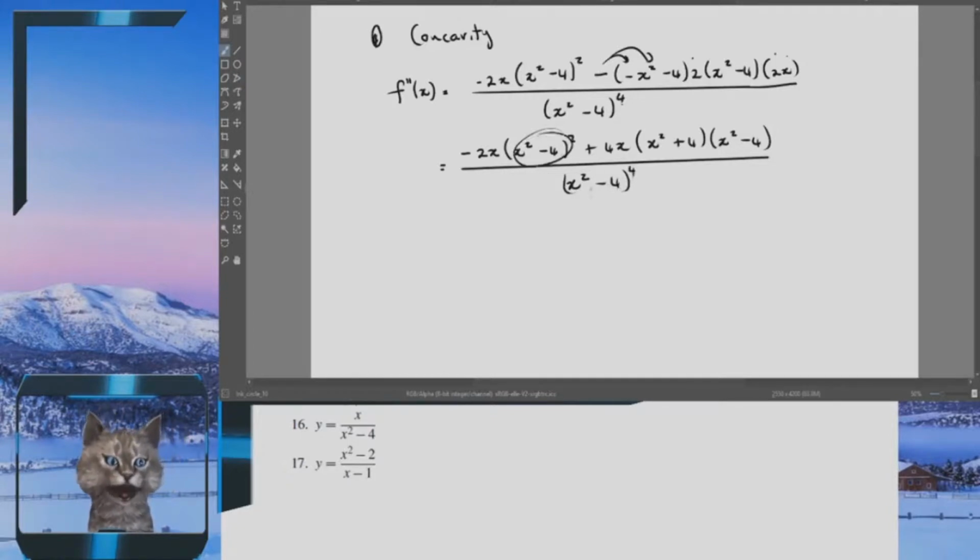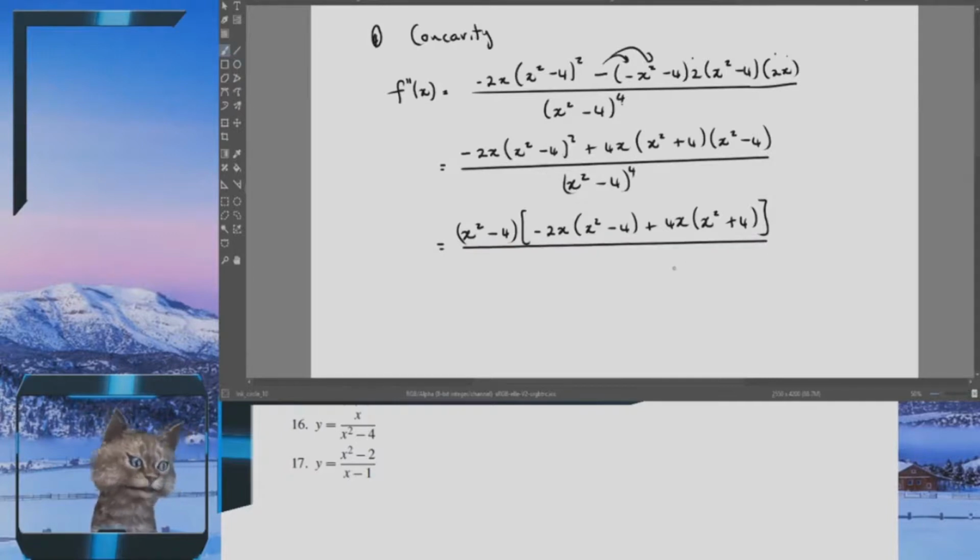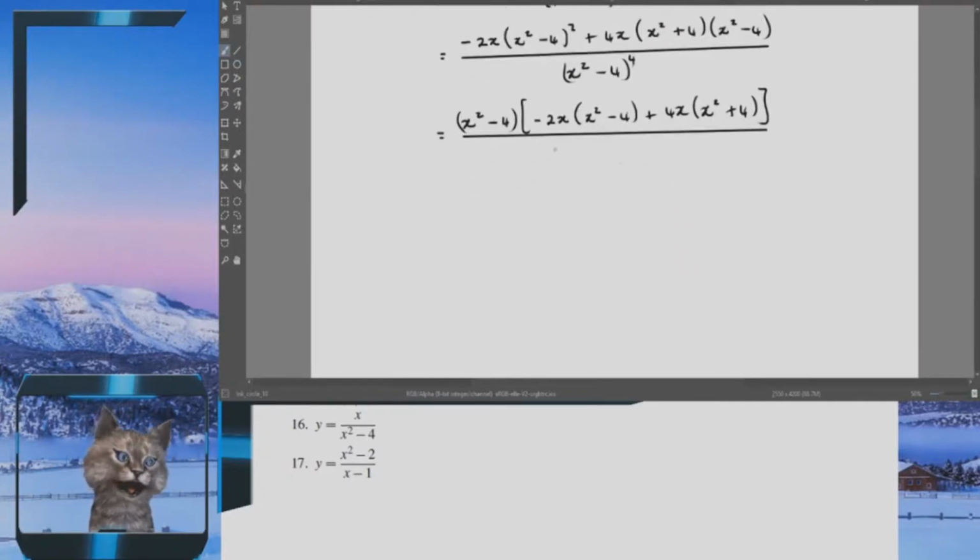Now see how these guys are all the same. So I can take, in the top, one of them out as a common factor, be left with negative 2x times the other bracket, because there were 2, plus 4x. This bracket is still there. This bracket is now out. And still, the denominator is the same.